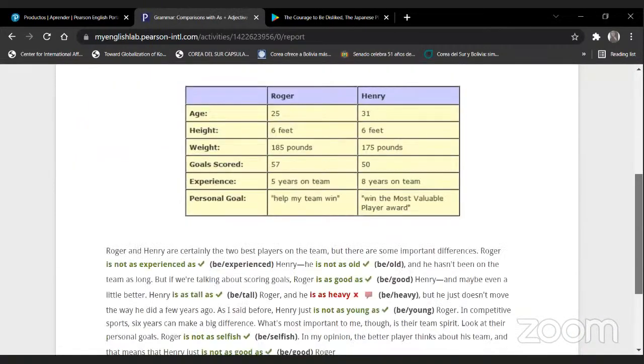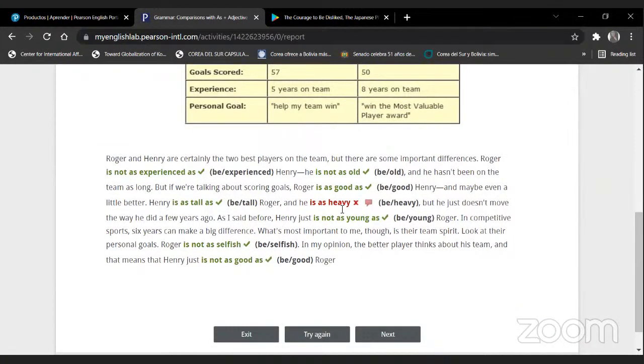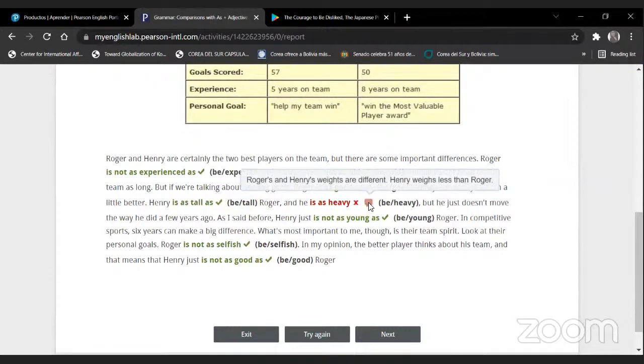In that part I was thinking because Henry is as tall as Roger, right? So after that, and he is heavy. How is the weight of Roger? And he is heavy. Roger is how much?